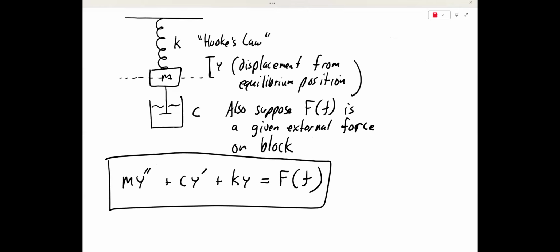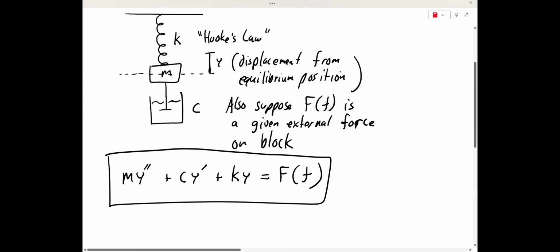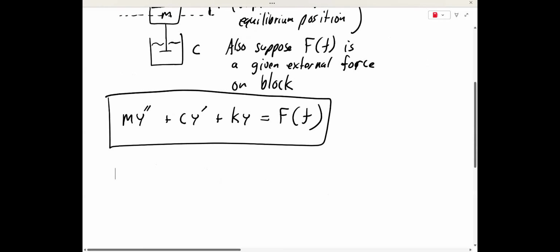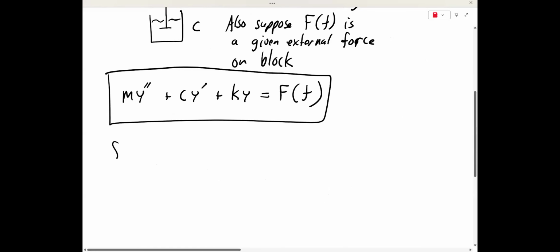We'll work through a problem here and see how this works. The idea is we want to figure out y as a function of time. You're given some initial conditions, and you want to figure out the displacement of the mass as a function of time. Okay, so let's try this problem now.